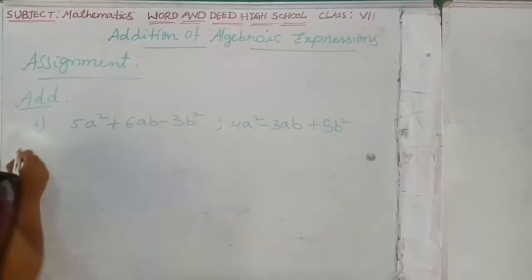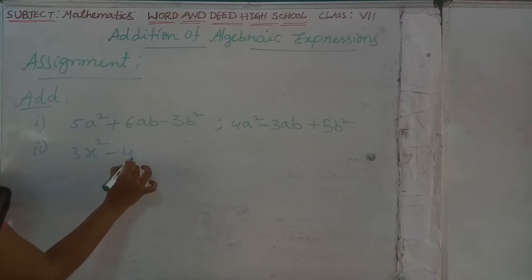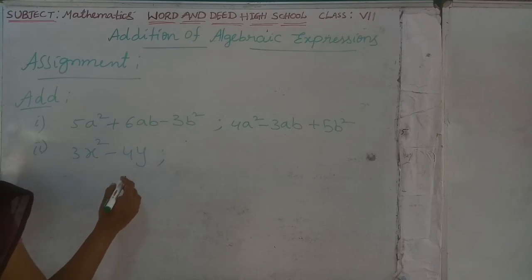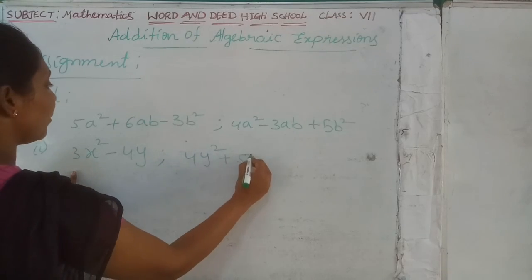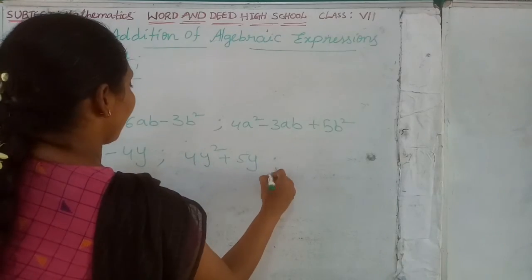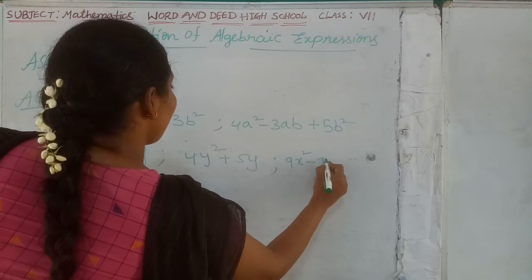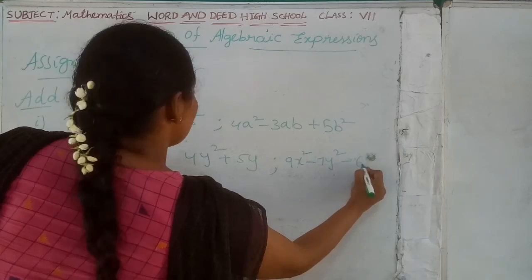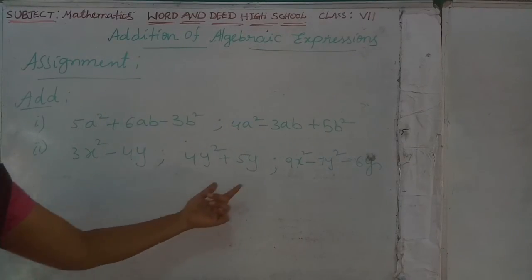This is the first problem. Next, second problem: 3x square minus 4y. Second expression, 4y square plus 5y. Third, 9x square minus 7y square minus 6y. So, here 3 expressions they have given, children.